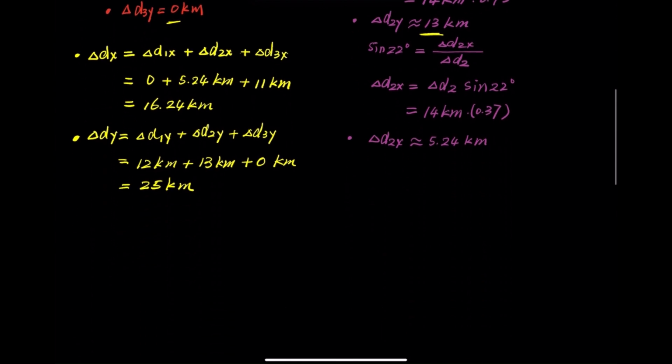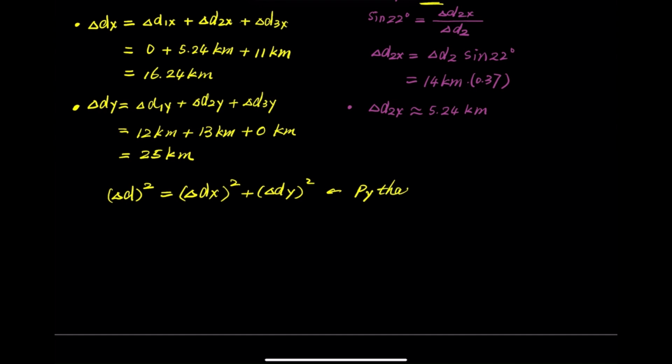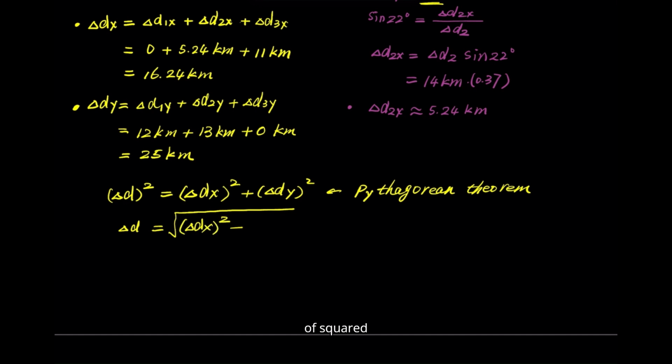And the formula is delta d squared equals delta dx squared plus delta dy squared. So this is the Pythagorean theorem. To solve for delta d, we take the square root of both sides. So delta d equals the square root of delta dx squared plus delta dy squared.